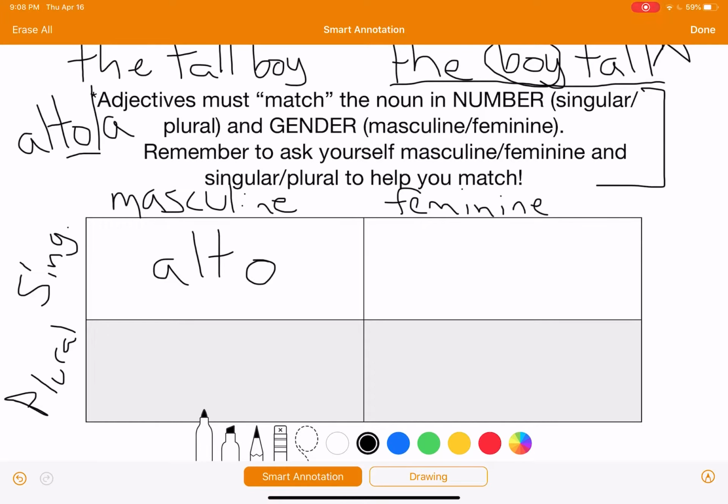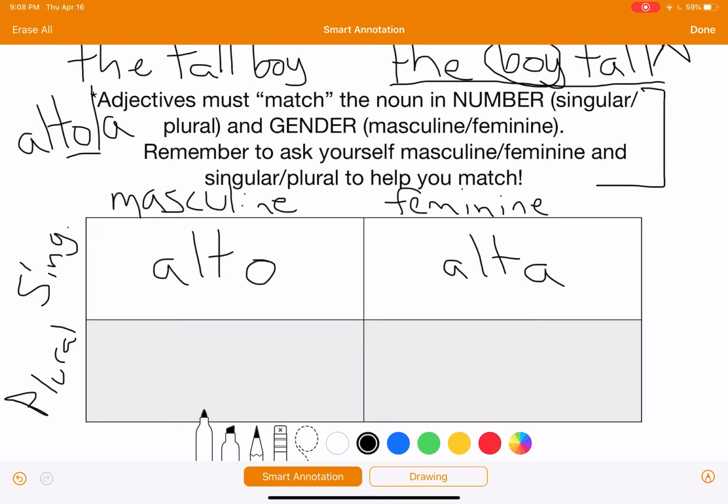But what if your noun is feminine? Well, if your noun is feminine, it's going to end with the letter A. So instead of auto, if we were describing a girl, we would say auta.